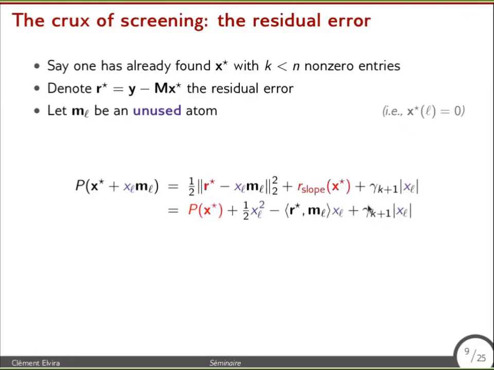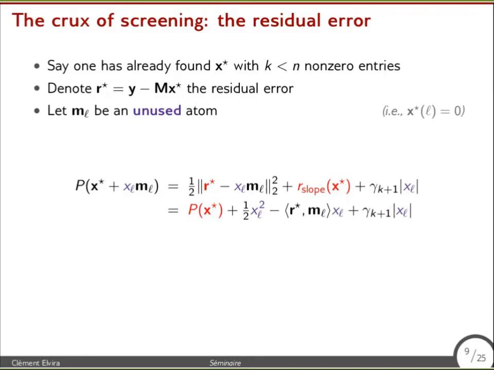And if you continue the calculation, you can factorize all entries corresponding to the residual and the solution, so you can gather it in a P of X star. And then you end up with a constant term plus a kind of degree 2 polynomial. This is not exactly a degree 2 polynomial because there is an absolute value, but anyway.